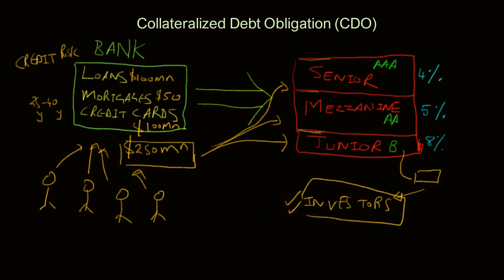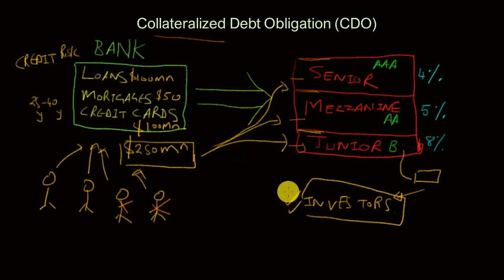If one of those clients defaults, it will first affect the junior tranche, and then if more clients default, it will affect the mezzanine tranche, and then finally it will affect the senior tranche. So you can see the debt is collateralized using these products, the loans, mortgages, credit cards, etc.